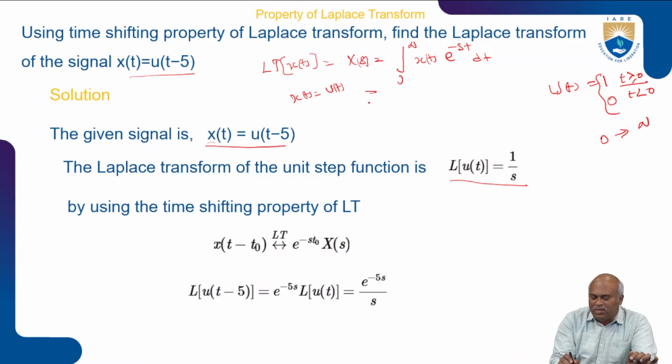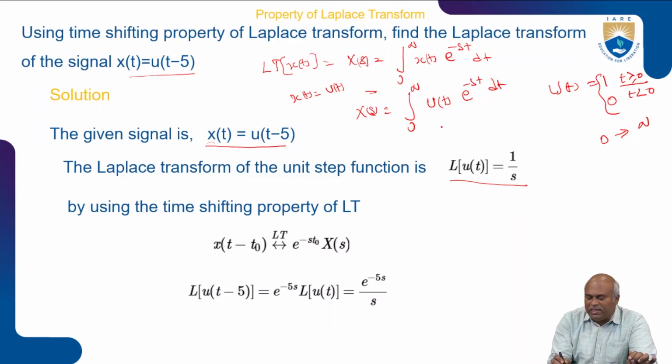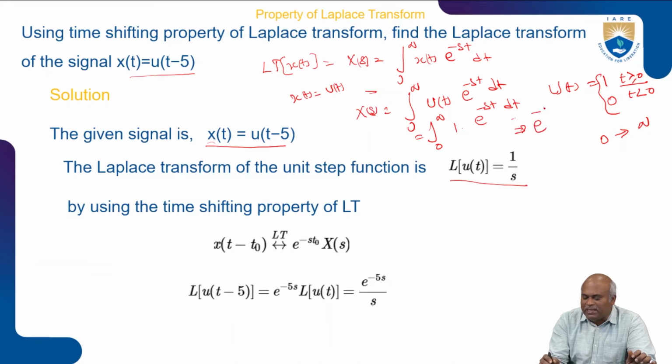Okay. So I write this equation as x of s equal to the integration from 0 to infinity of u of t e power minus st dt. So u of t is equal to 1, and the limit is from 0 to infinity. So we have the integral of 1 times e power minus st dt. Integrating, this is represented by e power minus st divided by minus s, with the limits 0 to infinity.